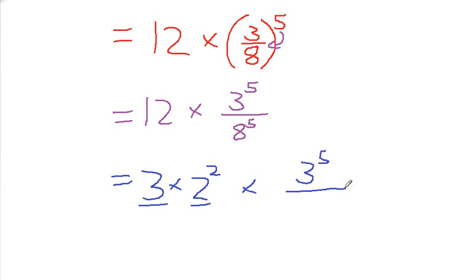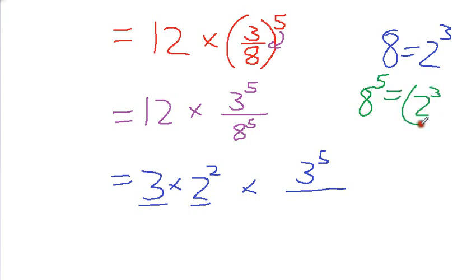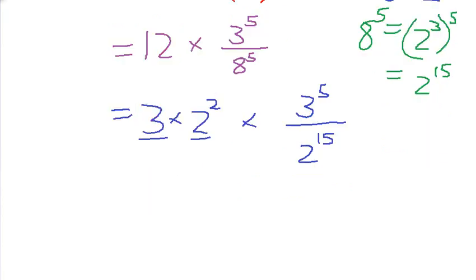And then 8. Well, 8 is 2 cubed. So 8 to the 5 is going to be 2 cubed to the power of 5, which is going to be 2 to the power of 15. So let's write that in. And then what we can do after that is put this 3 together with this one and bring this 2 down here.